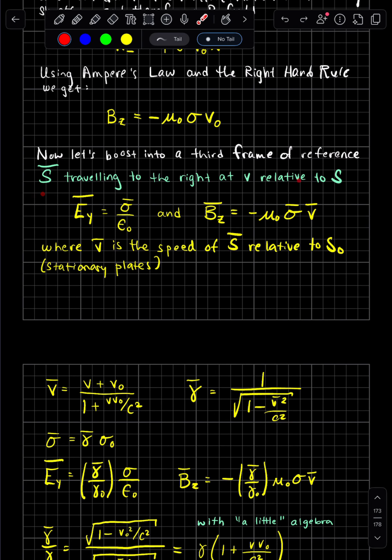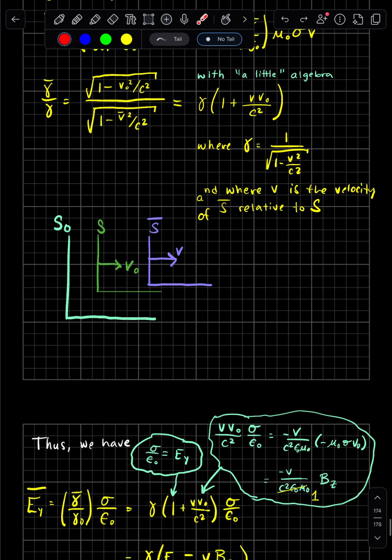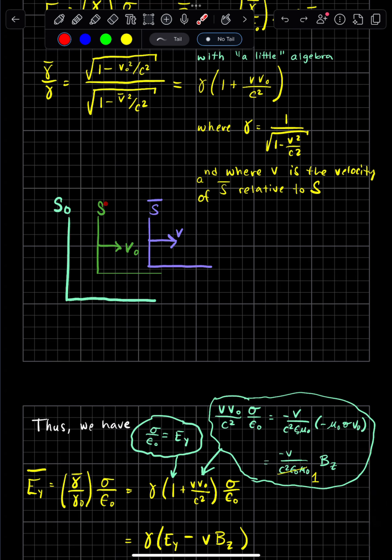S bar is going to be traveling relative to S at a velocity v. Just to show you this picture, S is going at a velocity v naught with respect to S naught. S naught is the frame in which the two plates are stationary. S is the boosted frame that we just calculated, where now there's a slightly higher E field in the y direction and also a B field in the z direction due to the current.